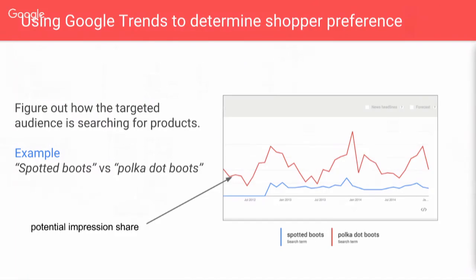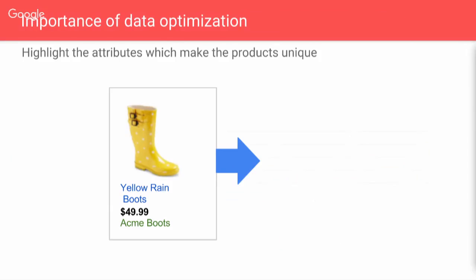So in this example, we can see that the red line is polka dot boots, and the blue line is spotted boots. So we can see very clearly that we should use polka dot boots. This is a good way to see if there is more search volume for a specific type of keyword. Pretty cool stuff here. Highly recommend you use this.